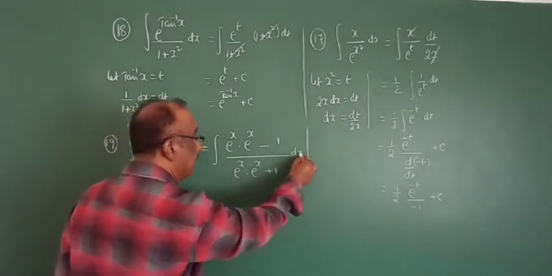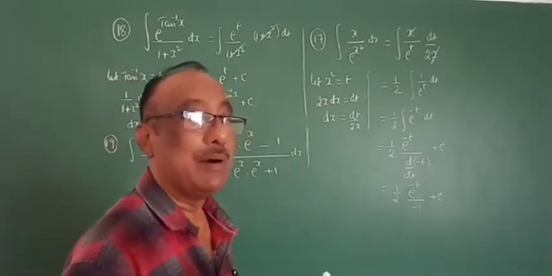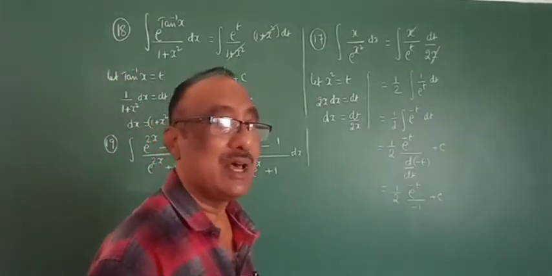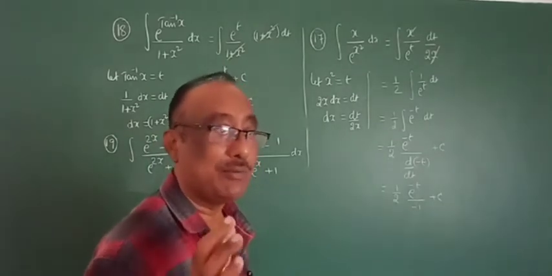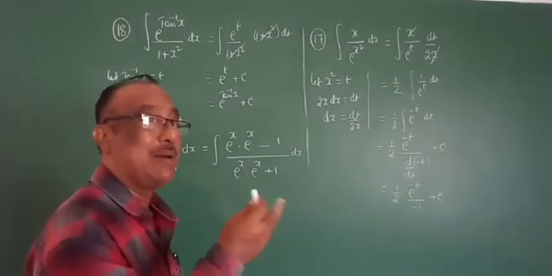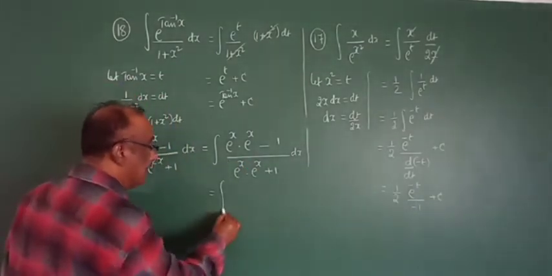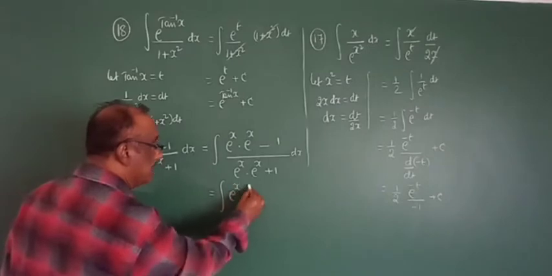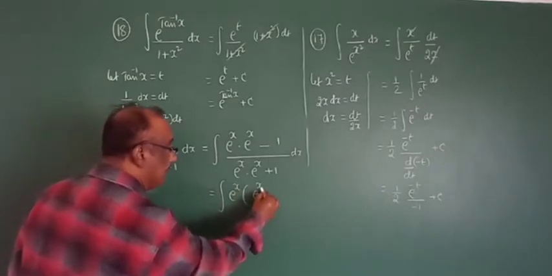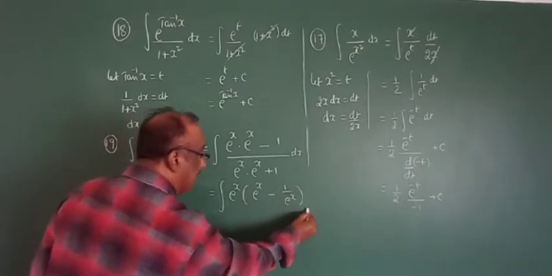So I will separate e power of 2x into two parts. e power of x into e power of x, the bases are equal, so it becomes e power of 2x. Now I am taking one e power of x common. In the numerator e power of x is remaining; there is no e power of x here, so write it in the denominator.